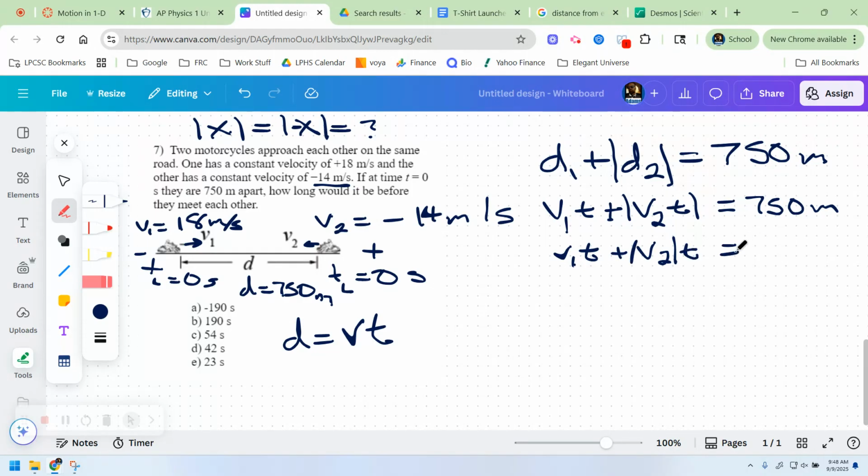Now notice that I'm not writing t1 and t2 because they're going to have the same time, right? I have two motorcycles. I start the stopwatch. When they meet up, they're going to be traveling the same time. So in this particular case, T1 is equal to T2. And this is Ti like the initial, and this is Ti like the initial.